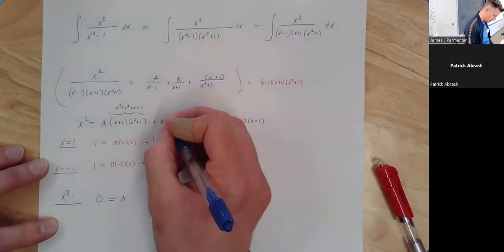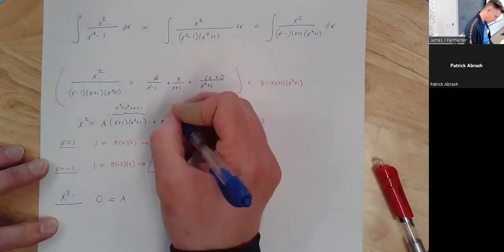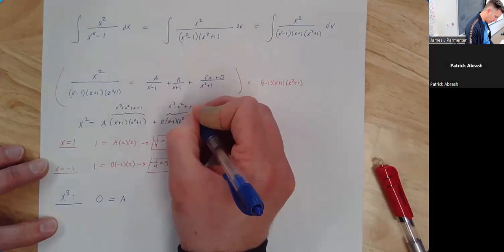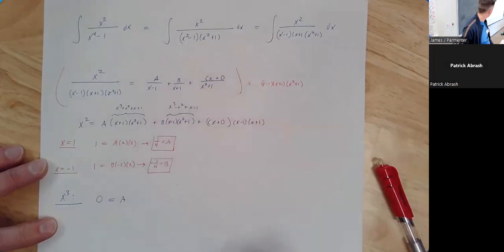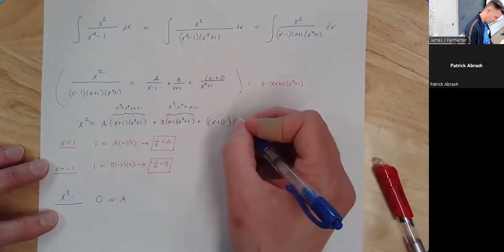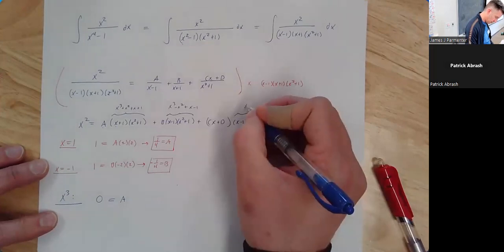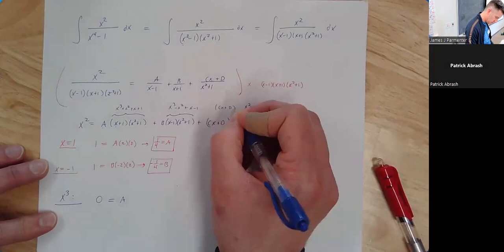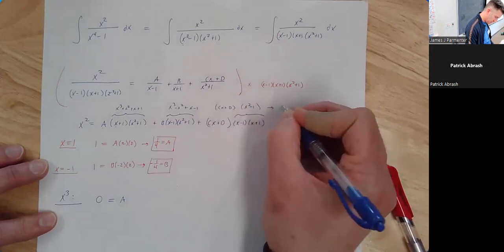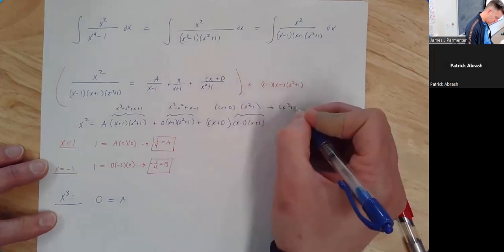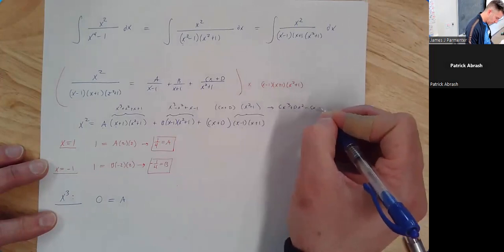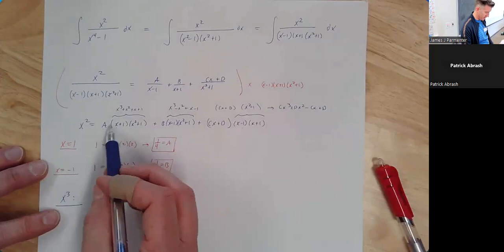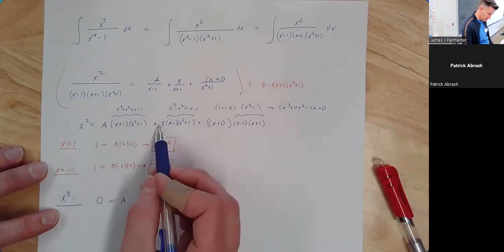And here, that would be x cubed minus x squared plus x minus 1. And here, that's an x squared minus 1 times a (Cx plus D), so that's going to be Cx cubed plus Dx squared minus Cx plus D. So it looks like my x cubed term on the right-hand side is A plus B plus C.